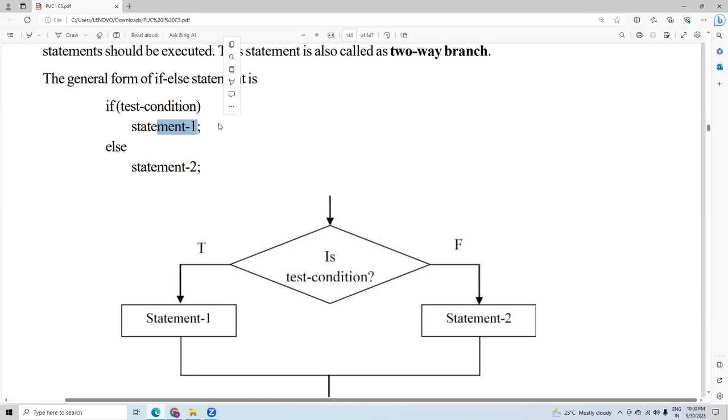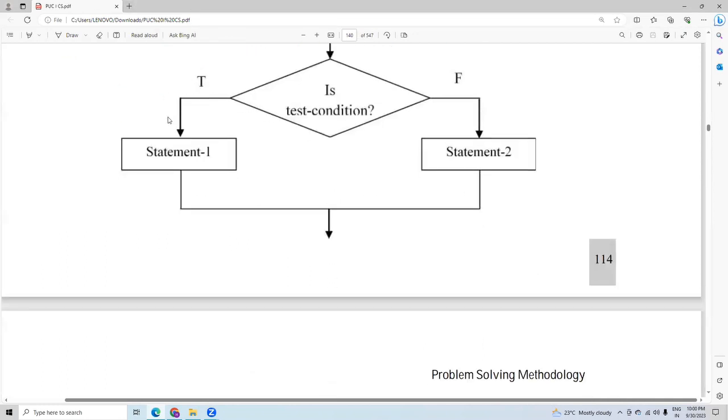Whereas if the condition is false, the else section, whatever you have written, will work, but statement 1 will be skipped. If condition is true, then execute statement 1 and come out from the program. That means statement 2 will not work. If it is false, then only statement 2 will work.